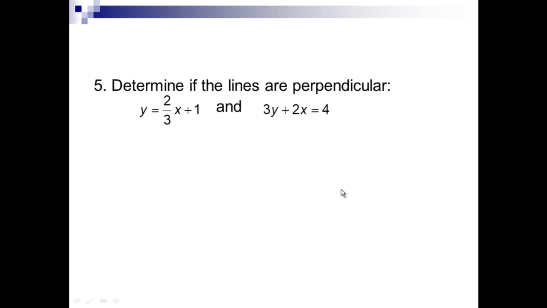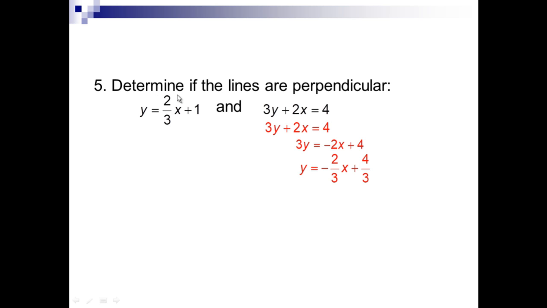Next question. Determine if the lines are perpendicular. From the second equation, let's change the form to become y equals negative 2/3 x plus 4/3. We know that the gradient is negative 2/3.